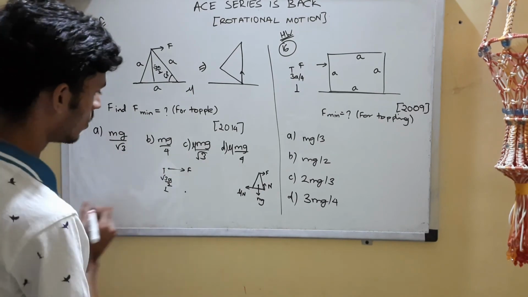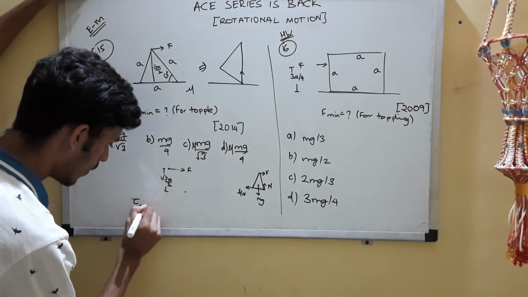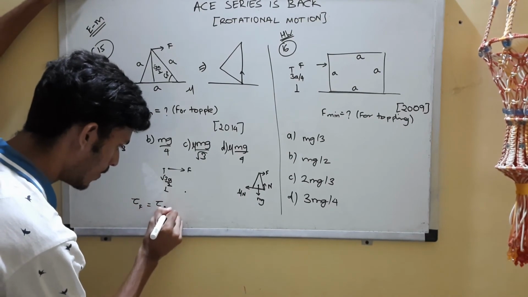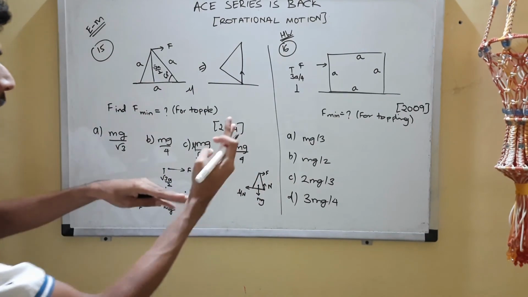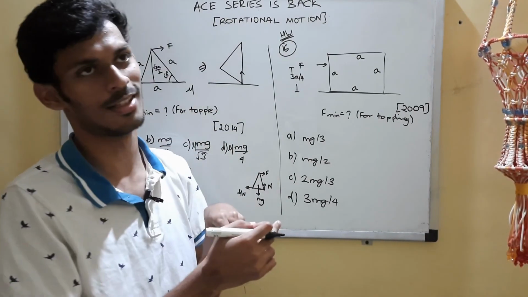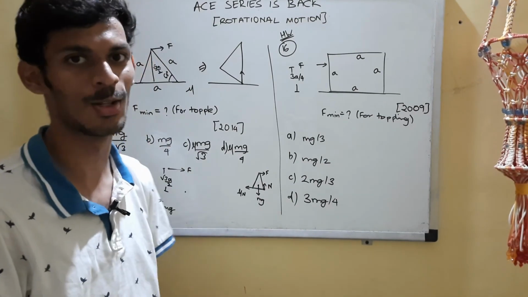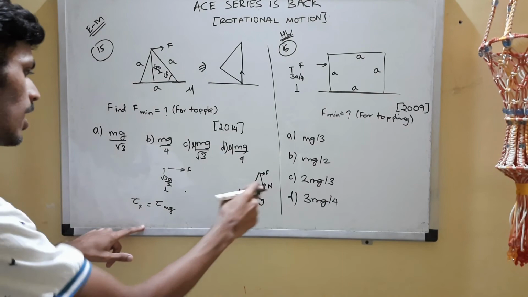Now you just have to write that the torque due to this force will be balanced by the torque due to mg. The torque due to the normal force and mu N is zero, since the axis is passing through that point.